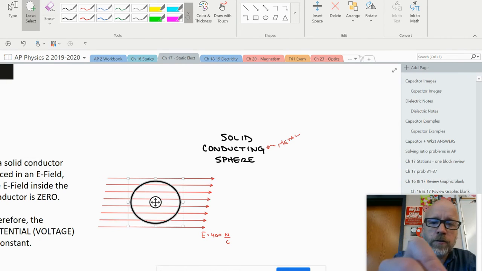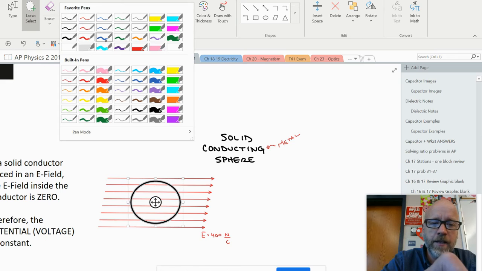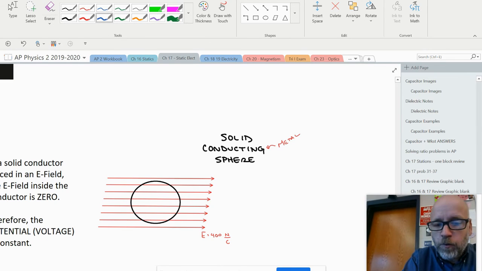In fact, what it'll do is it will cause the negative charges to move against the field and start to collect on this side of the sphere. That will leave behind positive charges, like an outgoing tide leaves those poor barnacles hanging out.